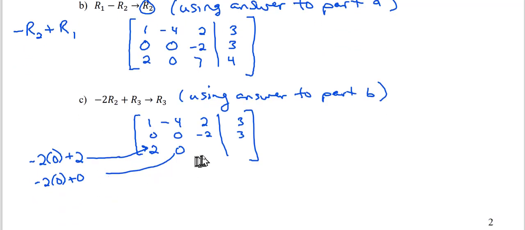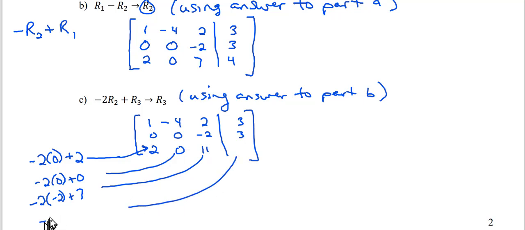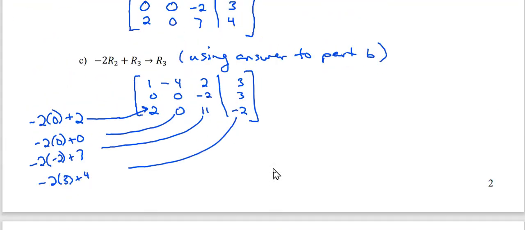Then for this spot, I'm going to do -2 times -2, that's the row 2 entry, plus 7. That's 11. And for this spot, I'm going to do -2 times 3, this 3 here, plus 4, which is -6 plus 4, or -2. Okay? So that's kind of what we're working on here.